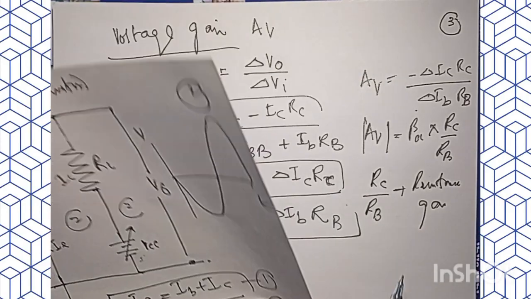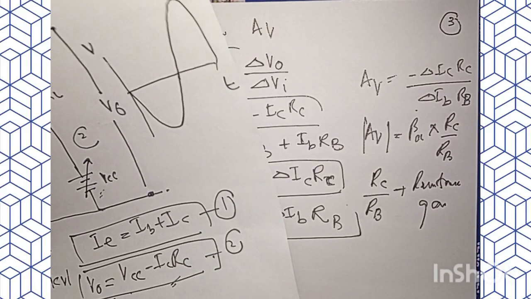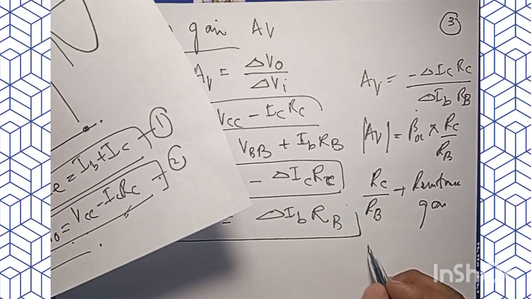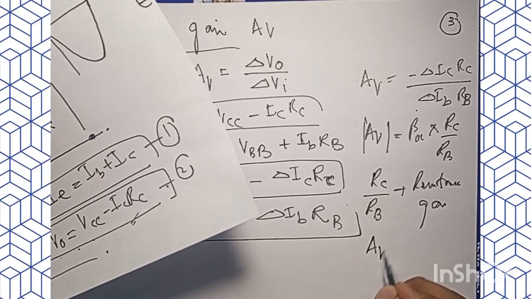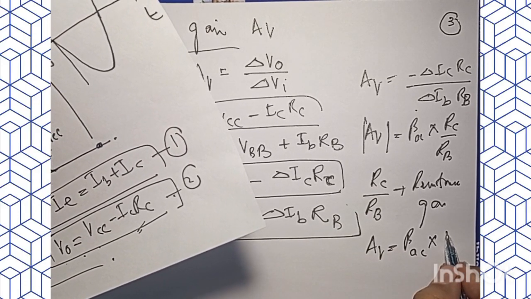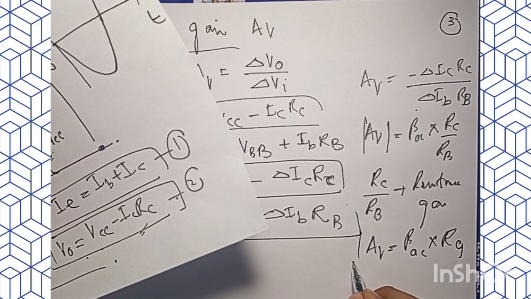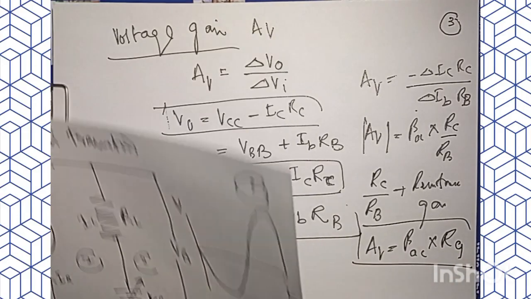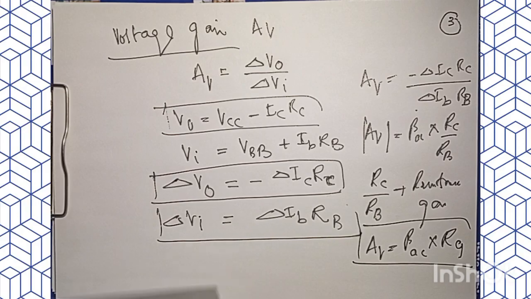So finally we will have the expression for the voltage gain as AV equal to beta AC times RG, where RG refers to the resistance gain from input to output.